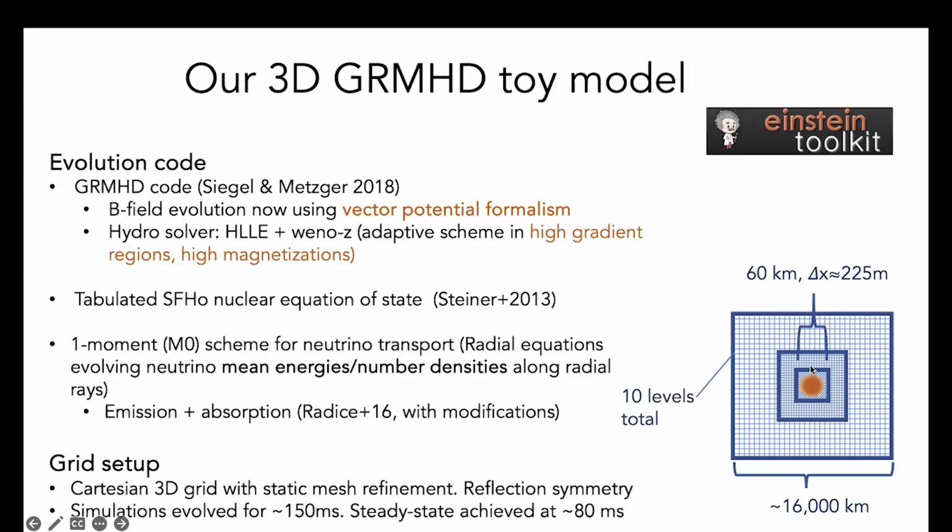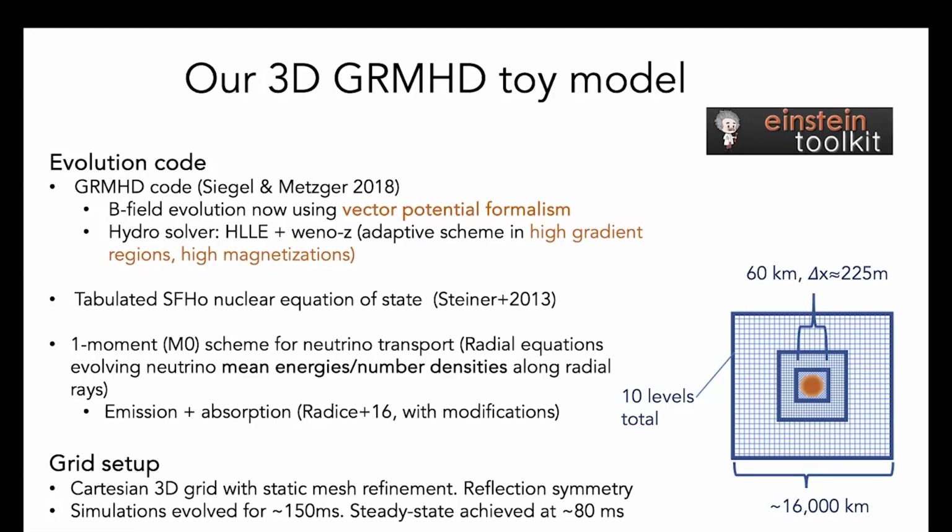It's a set of grids with the finest grid inside, just capturing the neutron star with a radius of around 10 to 30 kilometers, depending on the model. And we evolve the neutrino mean energies and number densities, and we model the emission and absorption of neutrinos. And we evolved this for around 50 to 100 milliseconds to capture this steady state.